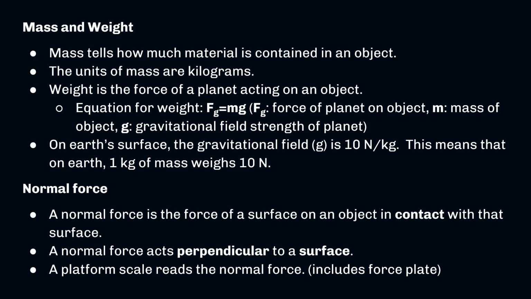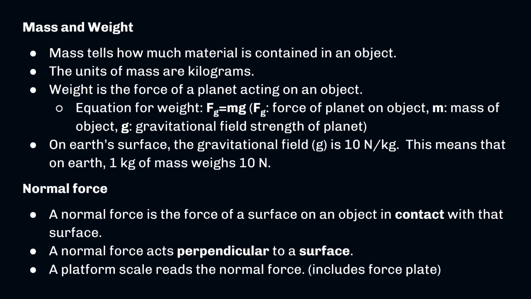The equation for this is Fg, which is the force of the planet on the object, or better known as the force of gravity, equal to the mass of an object times the gravitational field strength of the planet. And I have what everything means next to it, and that's on the AP Physics 1 equation sheet. And then on Earth's surface, the gravitational field g is 10 newtons per kilogram. That means on Earth that 1 kilogram of mass weighs 10 newtons.